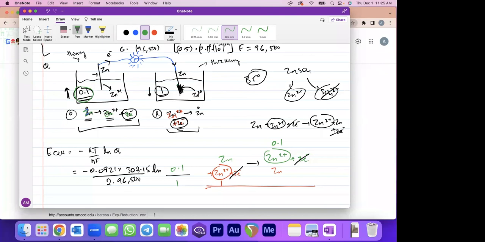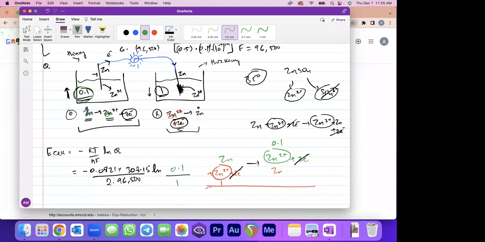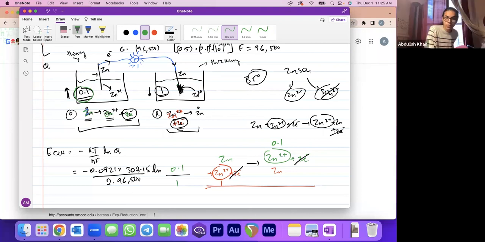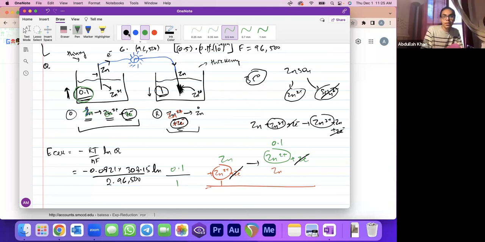Yeah, I know, but in this case, you use the first equation, right? Yes. The oxidation to Zn2 plus, and the other one, let's say the reduction as the second equation. Now, if we were to use the reduction as the first equation and the oxidation as the second equation to find the total equation, it's going to end up the same. Yes, it's going to end up being the same, exactly. Zn plus Zn2 plus becomes Zn2 plus Zn. This is the overall equation.